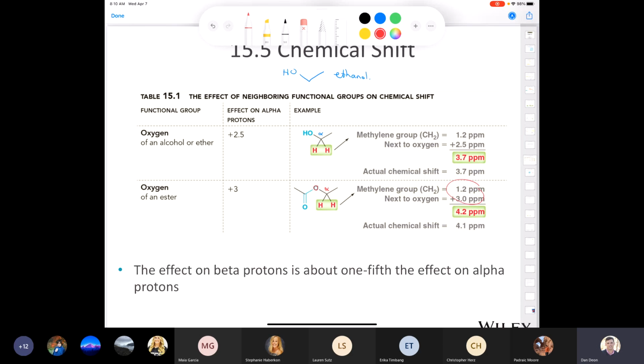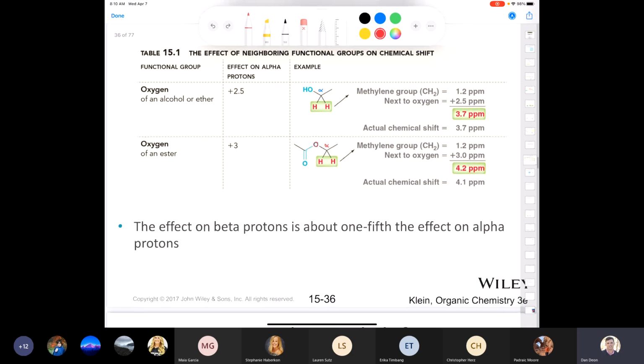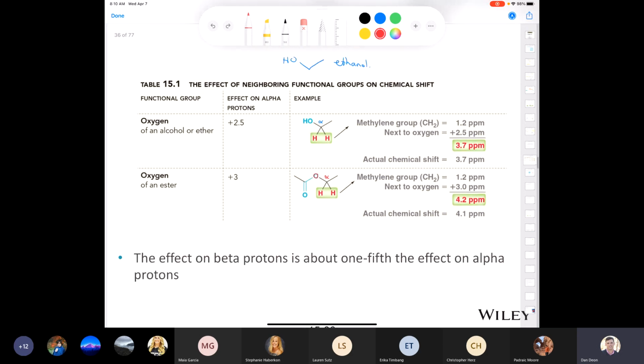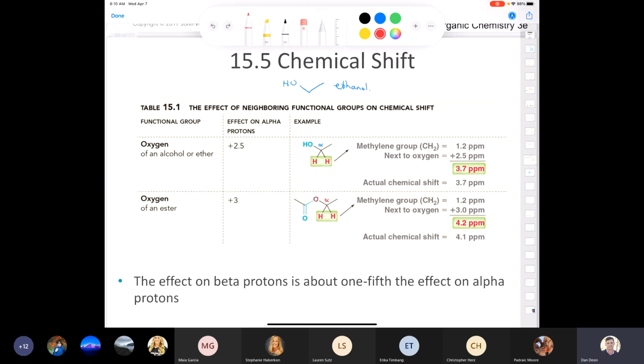So we would take 1.2 and add 3 to it, and we would end up with 4.2 parts per million. This molecule is called ethyl acetate, this ester right here, and I'll talk about that later on in organic chemistry, even more when we discuss esters. But anyhow, I digress. You see the actual chemical shift is 4.1. So again, the estimate is very, very good.